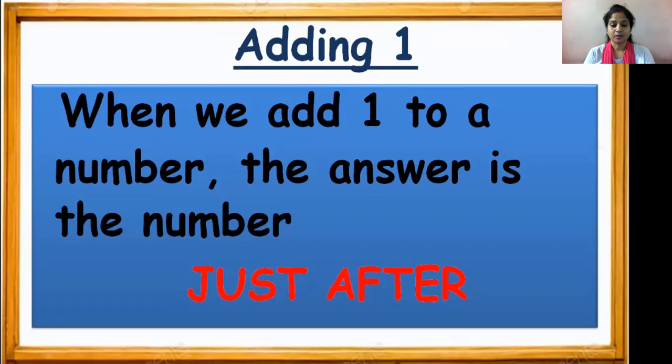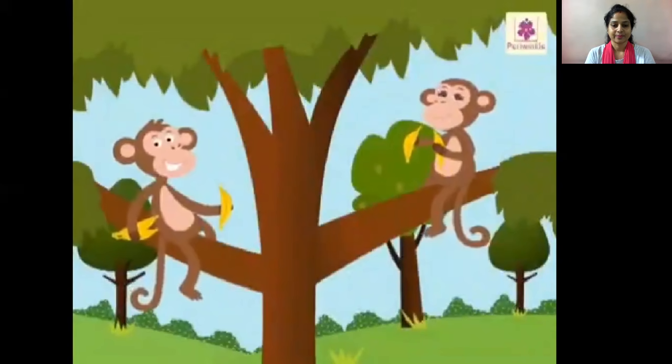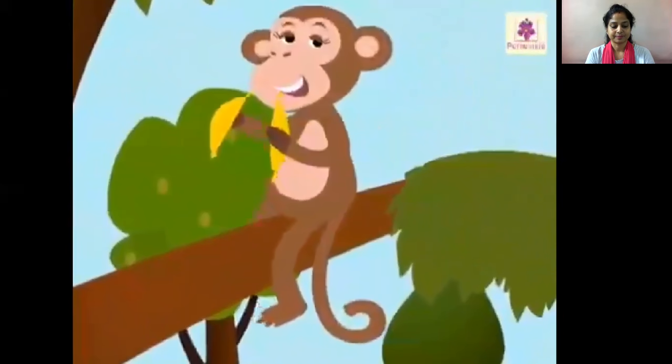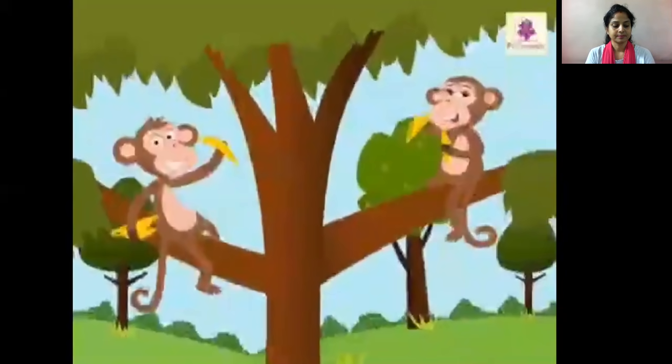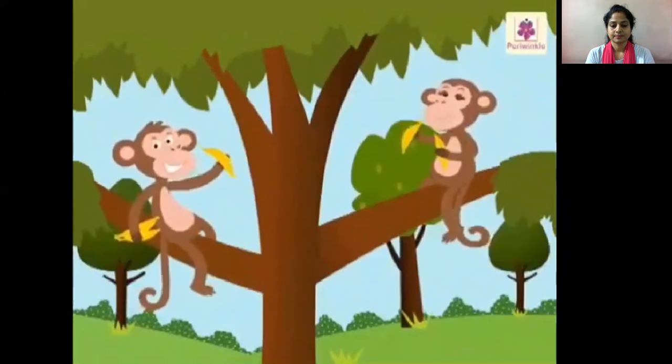Okay, so I have one video with me in which they are talking about 1 more. You know what is 1 more? More means again you are adding 1 to a certain number. Just see this video. Look, there are 2 monkeys, Minty and Montu. They both have bananas.